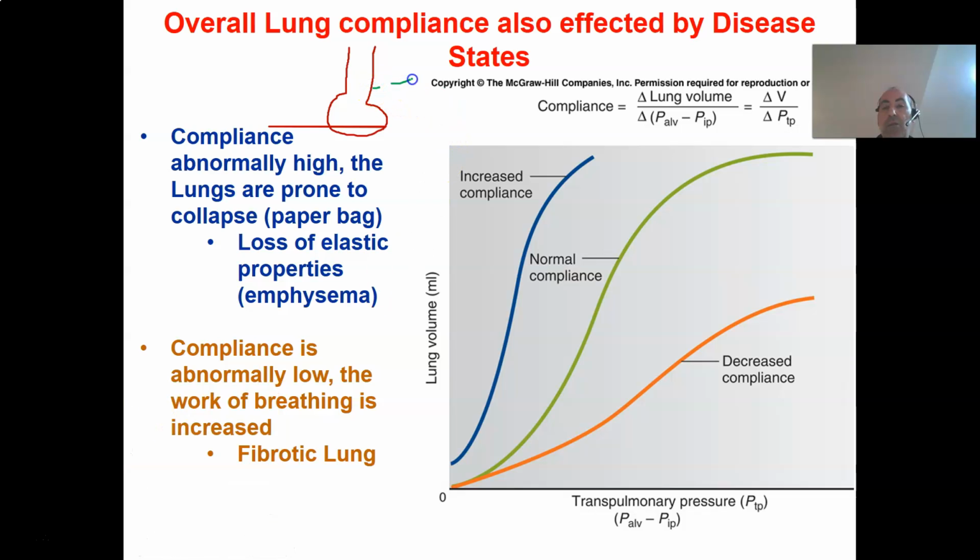That you get breaks in the tethers. And when you get those breaks in the tethers, and you don't get them all at once, the lungs of emphysemic patients are more prone to collapse.